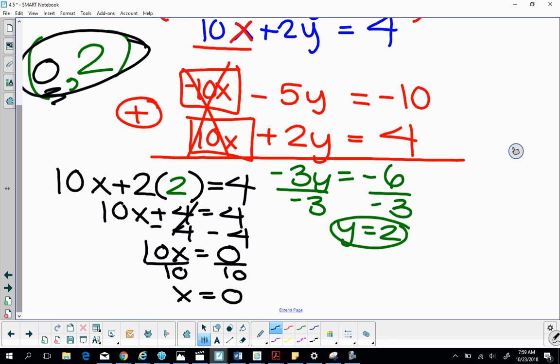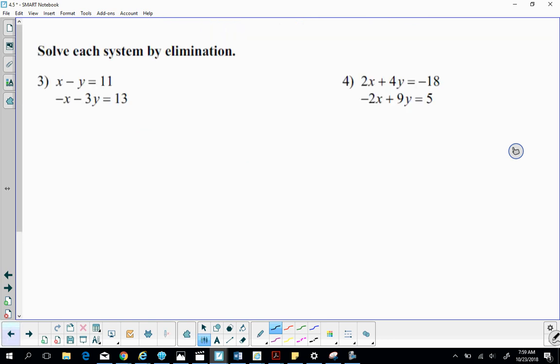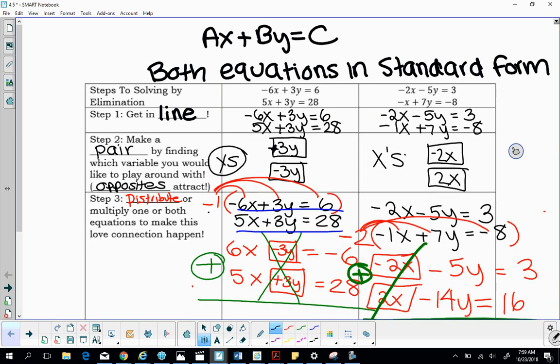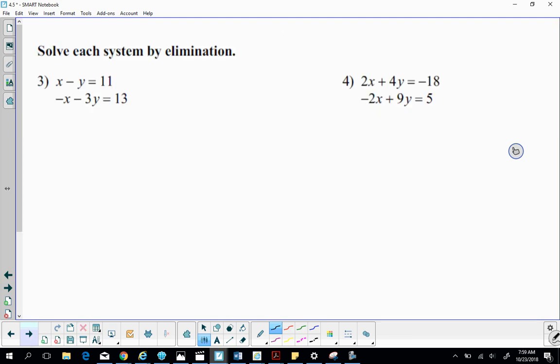So if you go to the beginning questions, these ones, do you see how you don't even need to change anything around? See how they're already the same number, different sign? So you skip the first 3 steps. What do you do next? Add. So these ones, it could be this easy, where they're already set up for you.